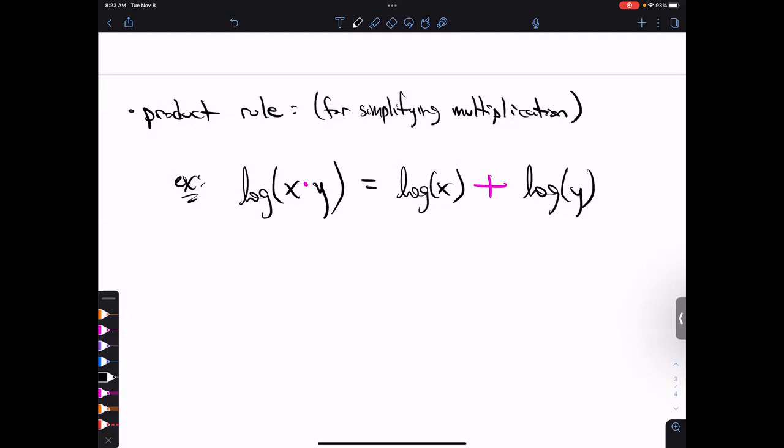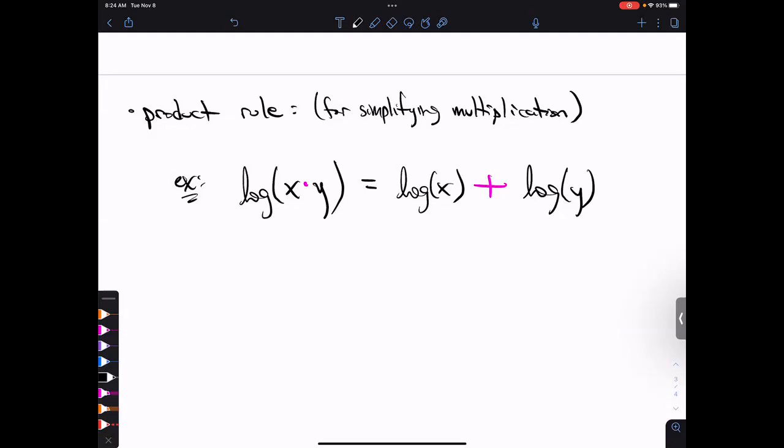These are equal, which means I can either go this way and use it to take a logarithm and expand it or break it apart, or I can use it this way to take the sum of some logs, addition, right, and combine them, squish them into one logarithm that's got multiplication inside, but maybe this is easier to work with for solving or something like that.